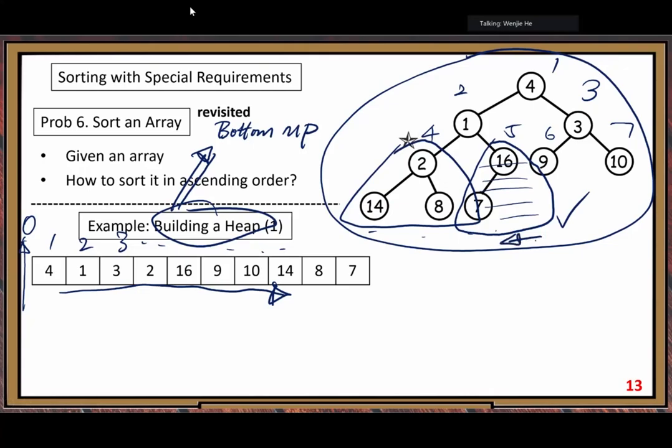The next one, you detect there is a violation. So then you swap, based on our local Heapify operation, these two nodes with value 2 and value 14, all the way down to the leaf level to fix it.